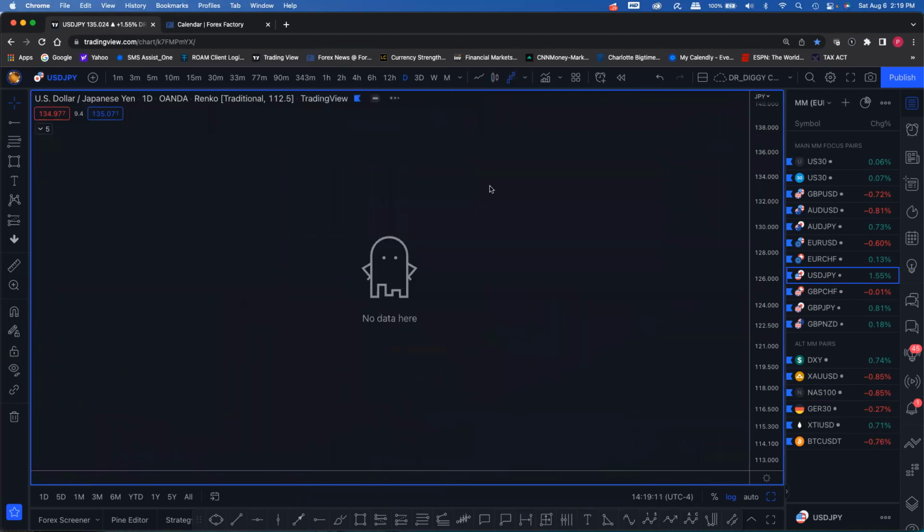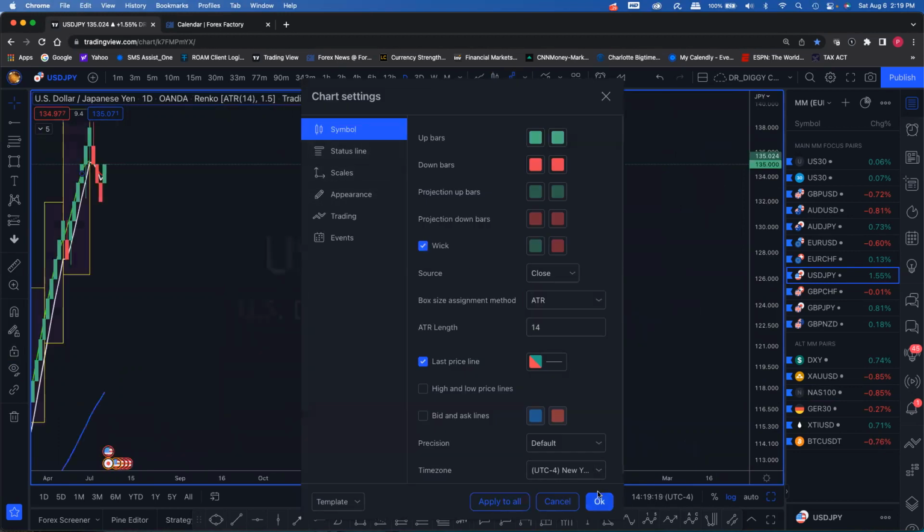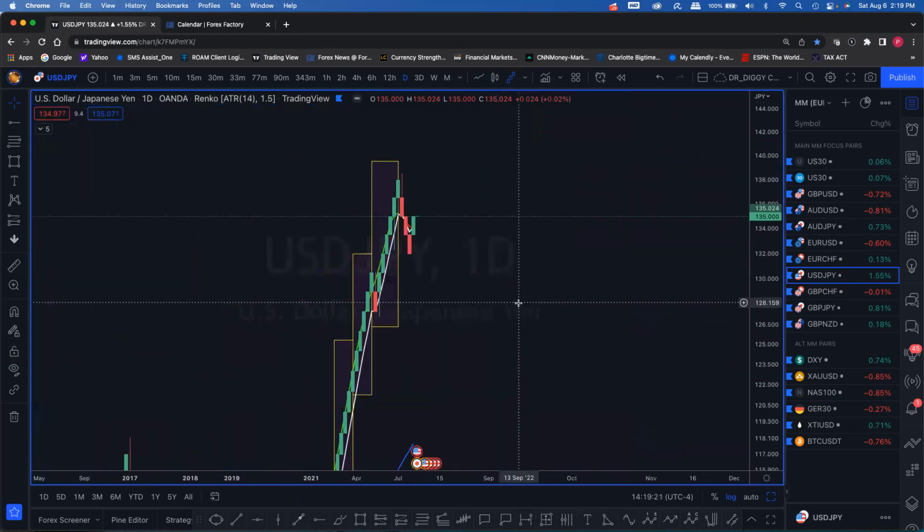On Renko, it's showing no data because I'm still at the 112. So if you go to a chart with nothing like that, change it to ATR, and then figure out, do like half the brick size or something, right? For traditional, this is 1.5.